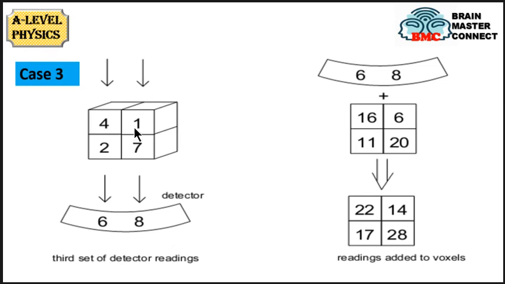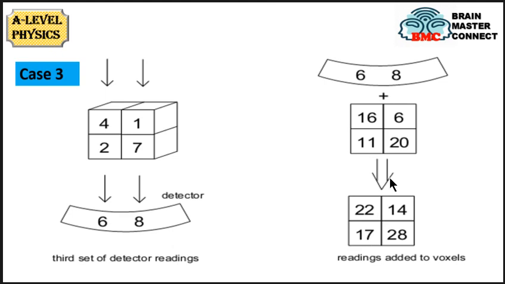So this fits the, that's 1 plus 7, 8, and this fits the, that's 4 plus 2, 6. Then the reading on my detector is combined to the last new Voxel I obtained, just the most recent one I obtained the other time. So I'll just add up. In this case now, it's going to be 8 plus 6, that is 14. Then 8 plus 20, that's 28. 6 plus 16, that's 22. And 6 plus 11, that is 17.